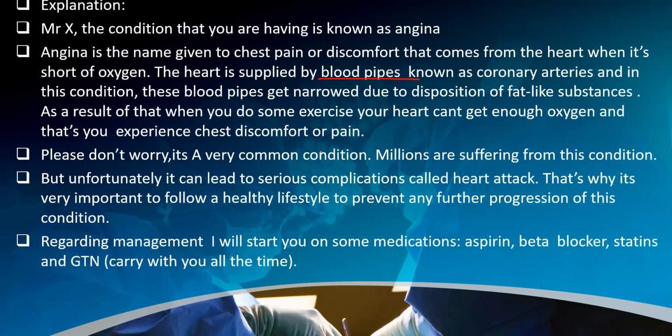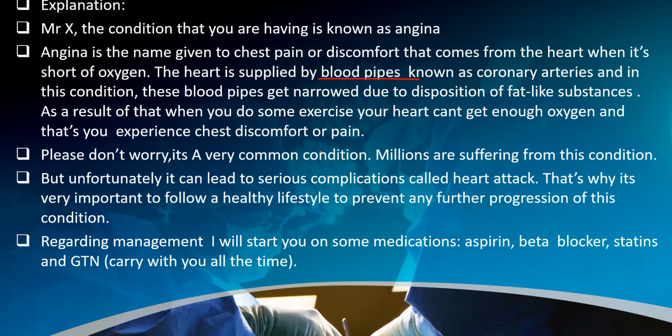Further management is divided into lifestyle modification and some medication. In terms of medication, I will start you with aspirin, which will prevent further clot formation. I'll also give you some good medication to remodel your heart, which is beta blocker. Also, I would start you with cholesterol lowering medication known as a statin.